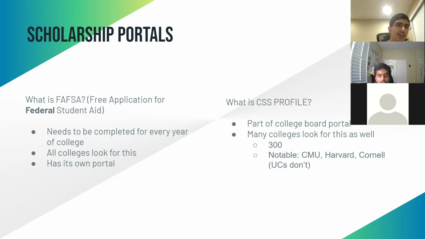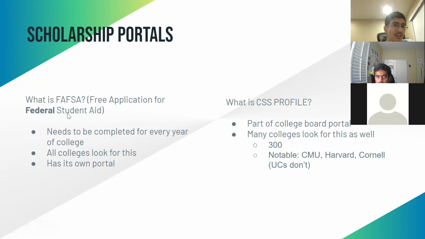And colleges will also look at your FAFSA to see your financial information to decide how much financial aid they should give you. If you fill out your CSS Profile on the College Board's website, you won't get any money from the College Board or from the government, but colleges will look at it to decide how much financial aid they should give you. So that's the main difference between those.